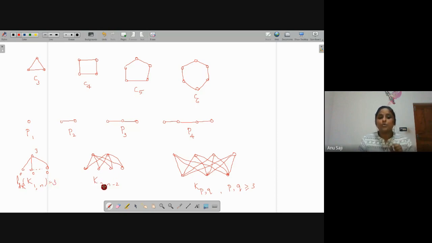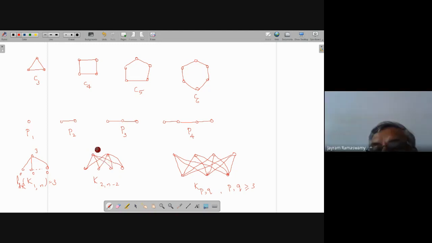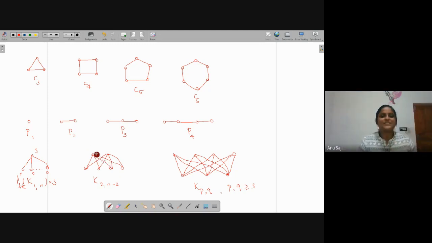Now, K2n minus 2. In one partite set, there are 2 vertices, and in the other partite set, any number of vertices. What will be the optimum value? Six. No, we can reduce the value.